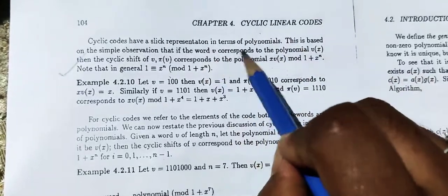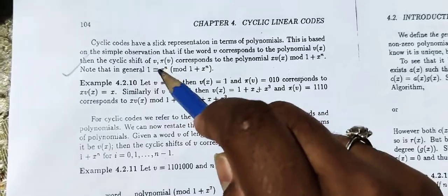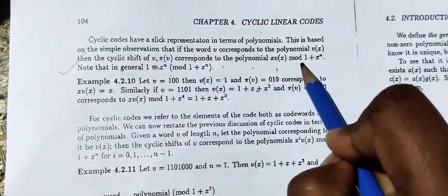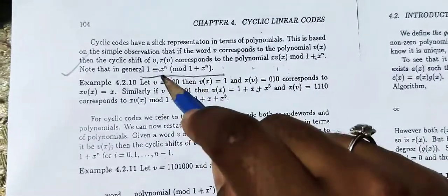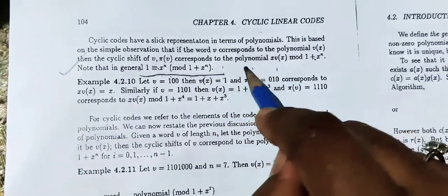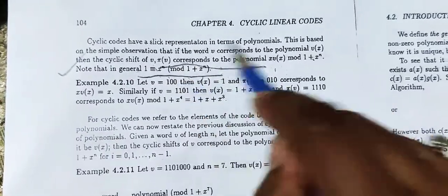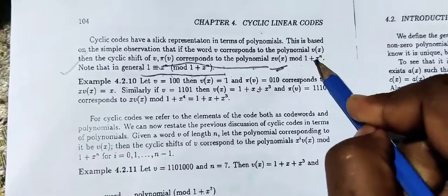If the word V corresponds to the polynomial V of x, then the cyclic shift of V, pi of V, corresponds to the polynomial x V of x mod 1 plus x^n. In general, 1 is congruent to x^n mod 1 plus x^n. Okay, so here pi of V corresponds to the polynomial x times V of x mod 1 plus x^n.